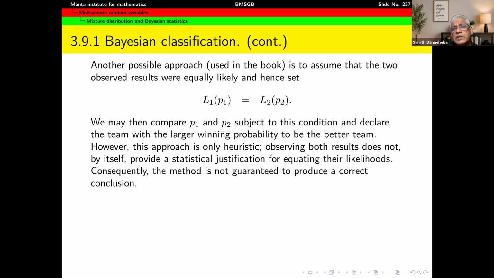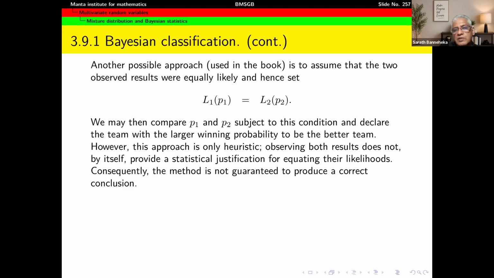Let's look at another approach that we can use. This is the approach that the book has discussed in chapter 2. Another possible approach is to assume that the two observed results are equally likely, and hence set L1(P1) equal to L2(P2).